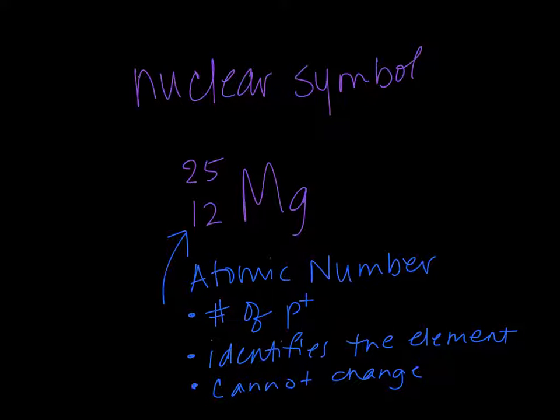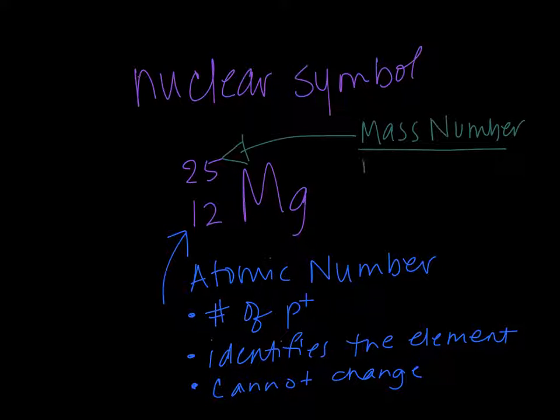All right, and then this number up here is the mass number. And the mass number is the number of protons plus the number of neutrons. So the mass number represents the number of protons and neutrons in the nucleus. It is not the atomic mass. All right, you cannot get this off the periodic table.